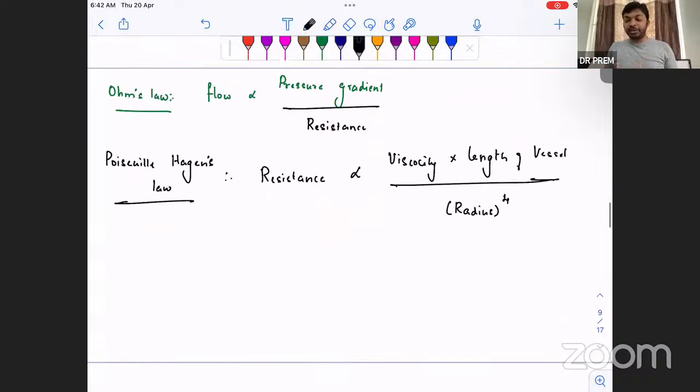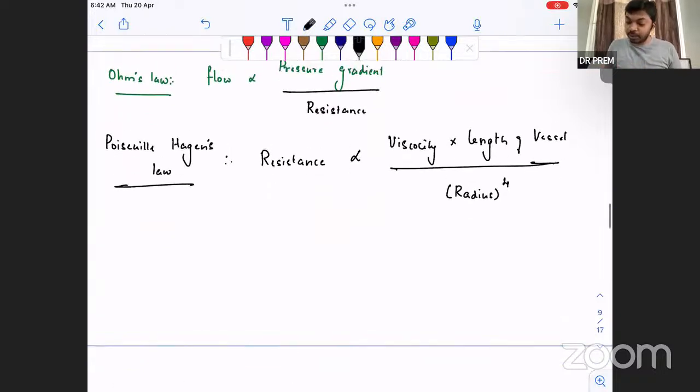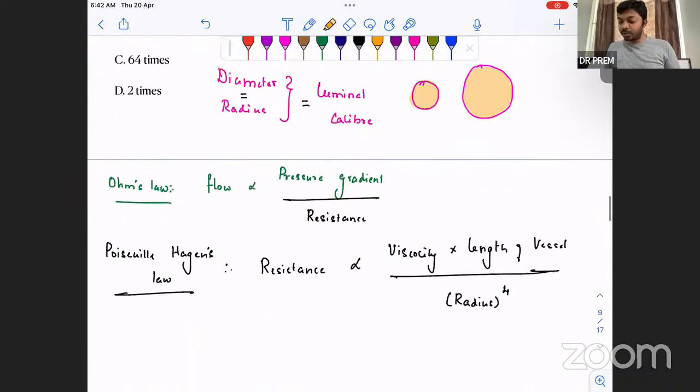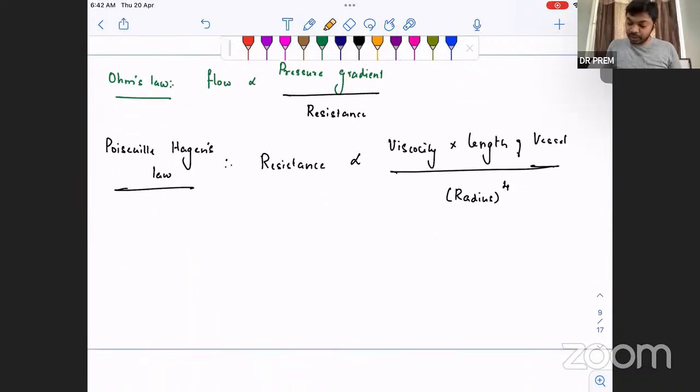So if we substitute all these parameters in this question, we are seeing that the radius has been increased to 2 times, right? So what's going to happen? The resistance is going to be inversely related to radius, isn't it? So it's going to be 2 to the power of 4, which is nothing but 16. All right.